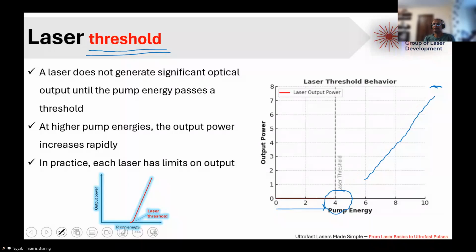Okay, Ehtisham. Yes, sir. I have a question, sir. You have mentioned two steady state oscillation conditions, and the second condition tells us we can generate a standing wave inside the cavity by controlling the length of the cavity. So in the first condition, can we control the phase of the photons that are coming out of the gain media?